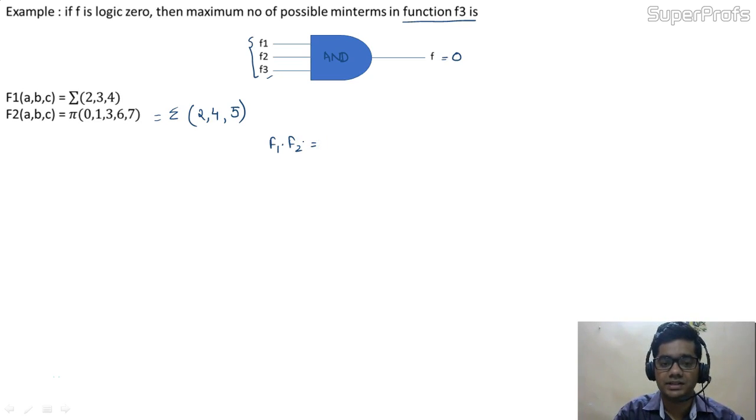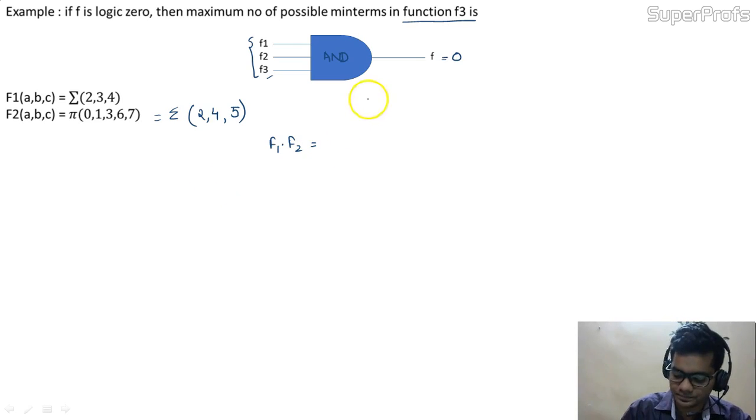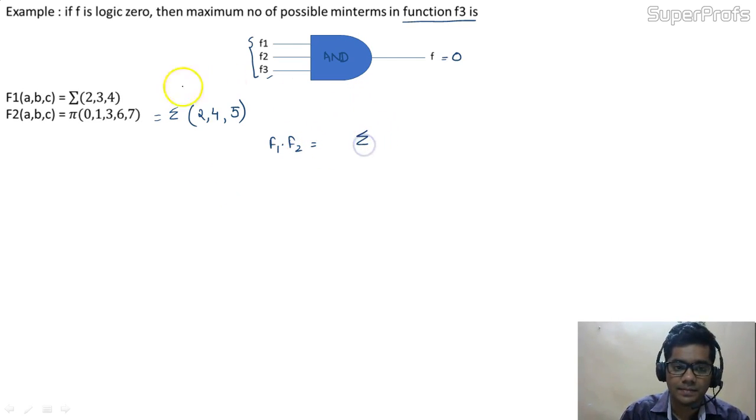We are able to understand that in the AND gate we get only the common minterms, that is the intersection of both f1 and f2. So the common terms of f1 and f2 would be sigma, look, minterms 2, 3, 4 and 2, 4, 5. So the common minterms would be 2, 4.